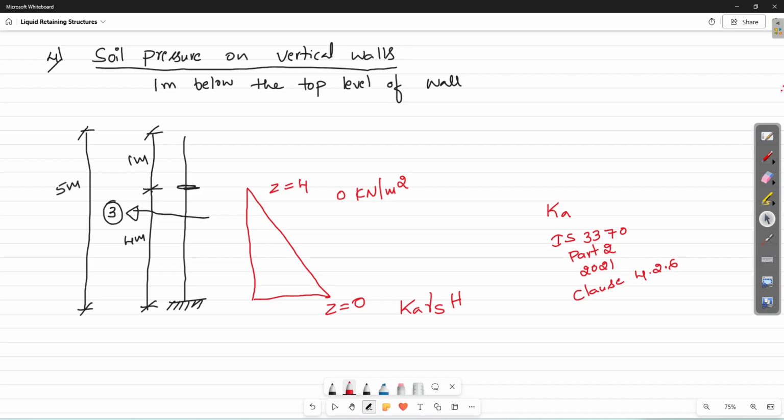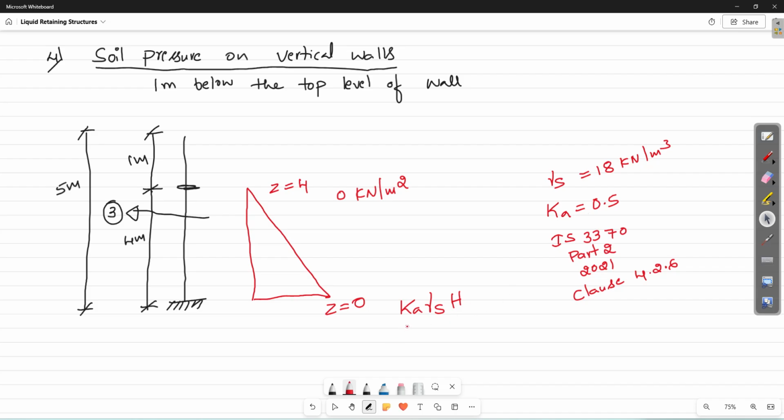So your Ka value is 0.5 here, and your gamma S is the unit weight of dry soil or unsaturated soil. So it can be taken as 18 kilonewton per meter cube.